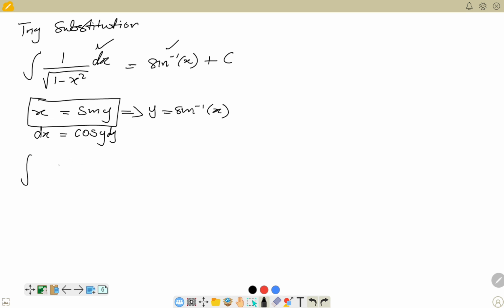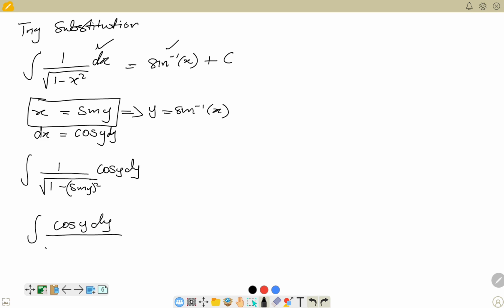We said that 1 over the square root of 1 minus x squared, x is sine y, so it's going to be 1 minus sine squared y. And then we said that dx is cos y dy. Then when we continue here, we have cos y dy over the square root of 1 minus sine squared y.